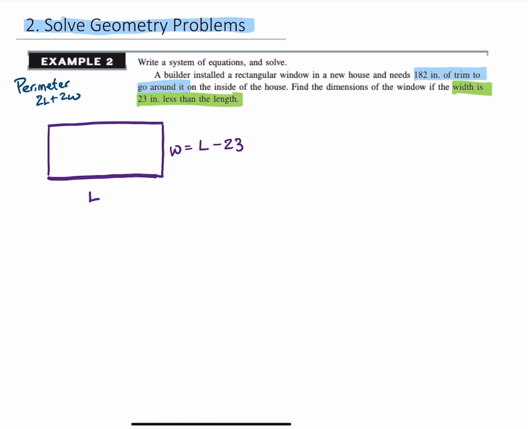That'll be the perimeter. So I can say 2 of the lengths plus 2 of the widths will equal that total amount of 182. And then we have this second statement that the width is 23 inches less than the length, or the length minus 23.